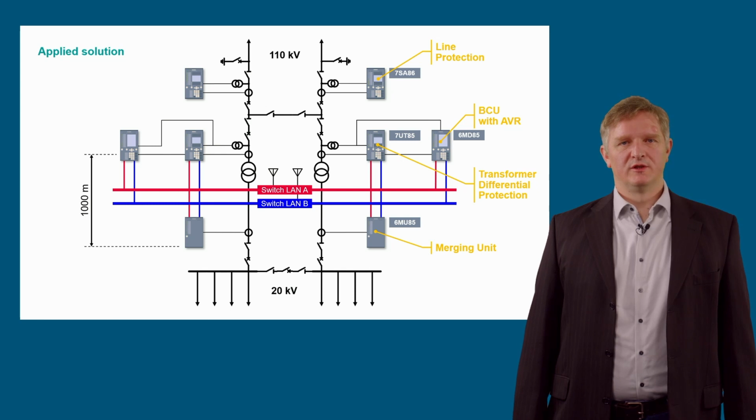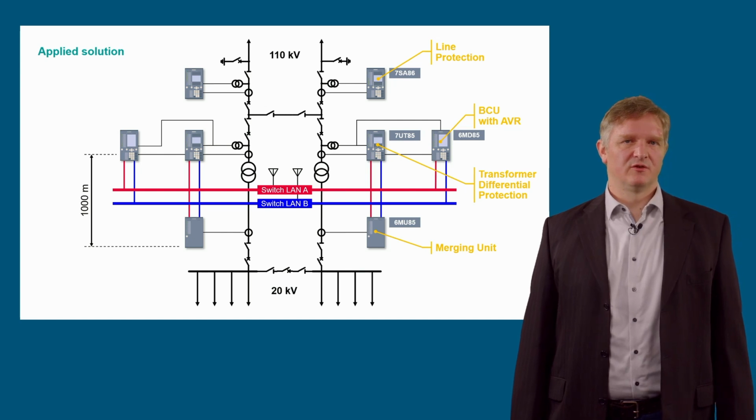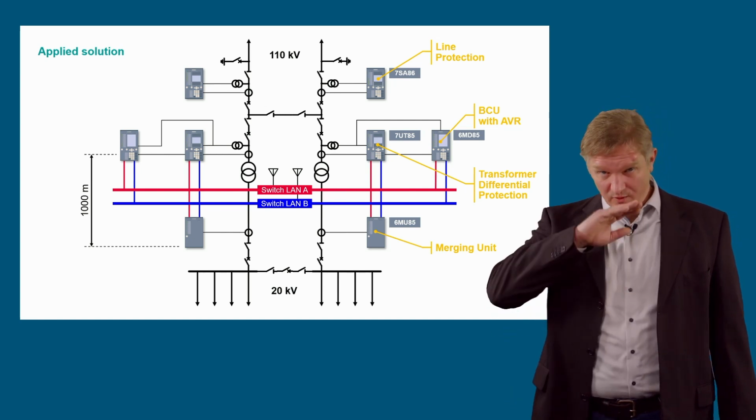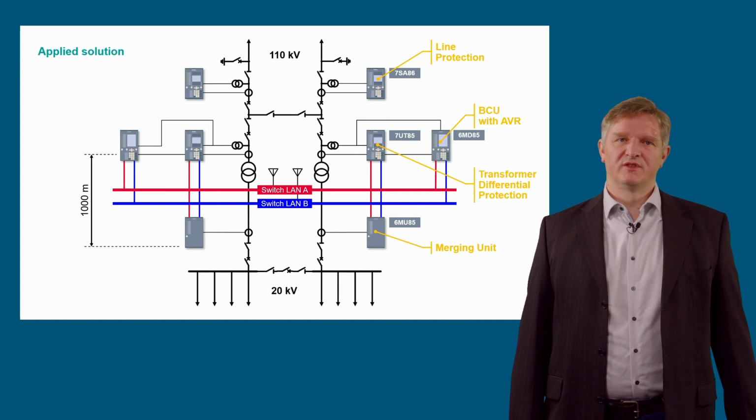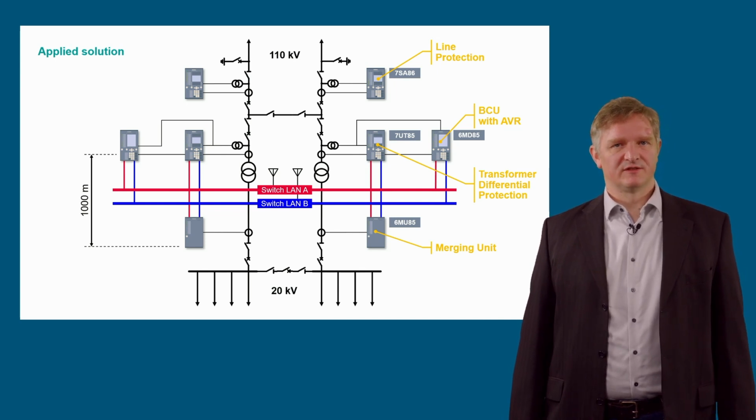A bay control unit also hosts the automatic voltage regulator for the transformers and reduces the footprint of the protection and control system by concentrating functions.